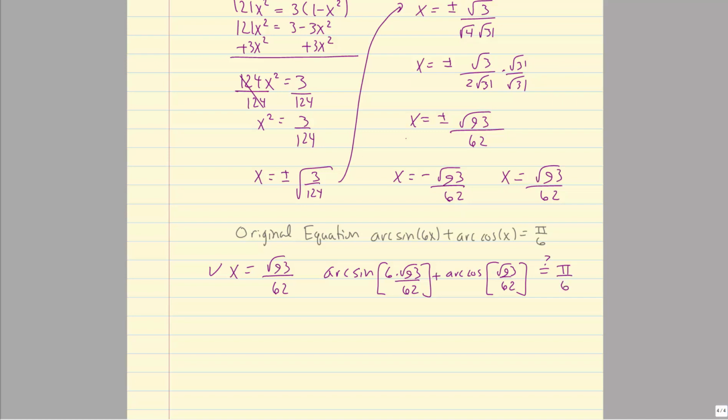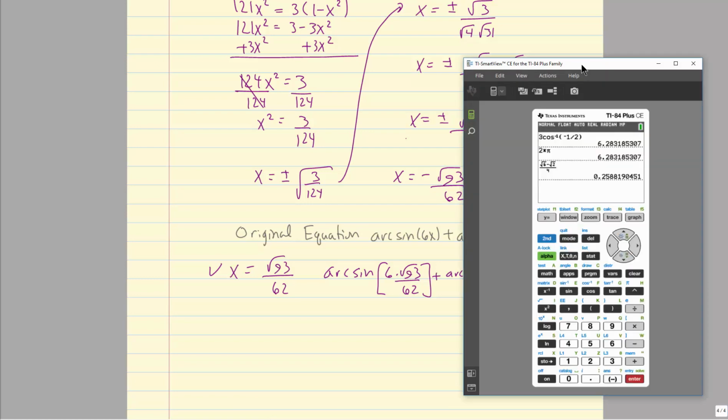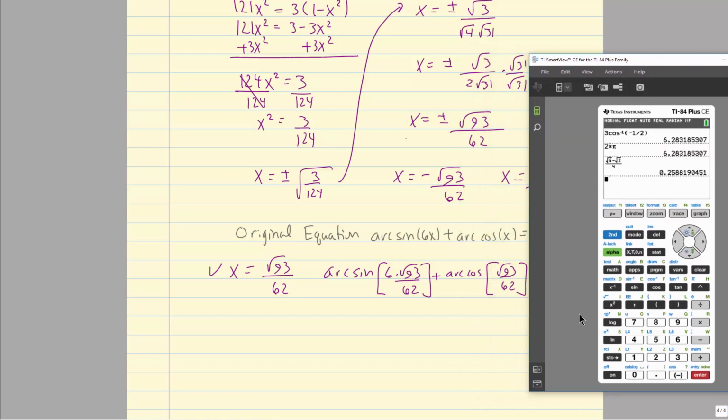Okay, so let's go ahead and grab the calculator and start plugging this in. On the left hand side I'll have the arc sine, and I'll use my fraction key, 6 root 93 in the numerator.